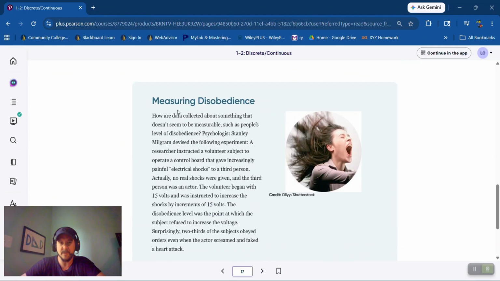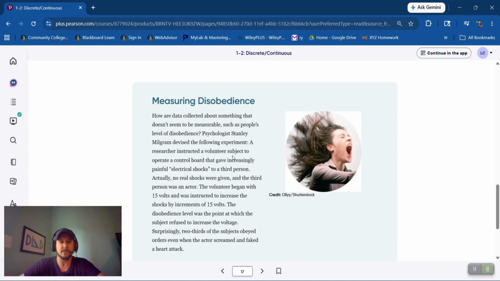Oh my gosh, this right here, measuring disobedience. Let me read this to you guys. How are data collected about something that doesn't seem to be measurable? That's a very tricky thing to encounter when trying to convert qualitative data to quantitative. You might be familiar with this study if you've done any work in psychology. Psychologist Stanley Milgram devised the following experiment.